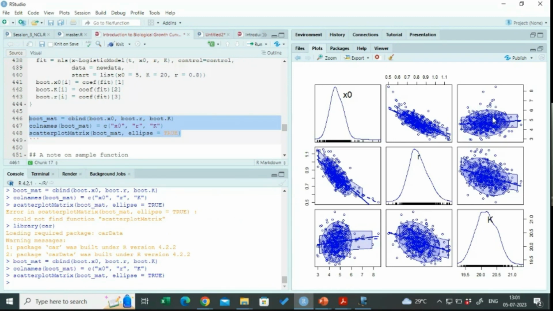And x0 and k also don't seem to be much related to each other. This information is very important because when you draw inference for all the parameters, you have to consider their joint distributions, right? So in multivariate scenarios, statisticians use something called confidence ellipsoids, because they also take care of the covariances associated with the parameters.